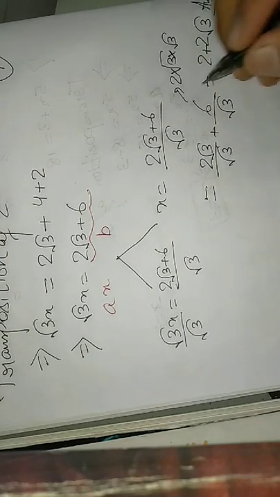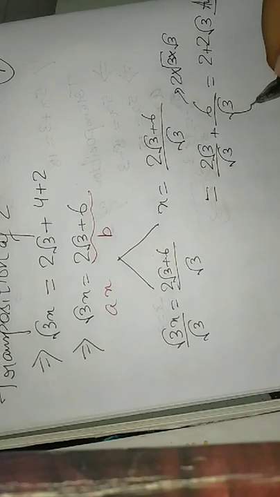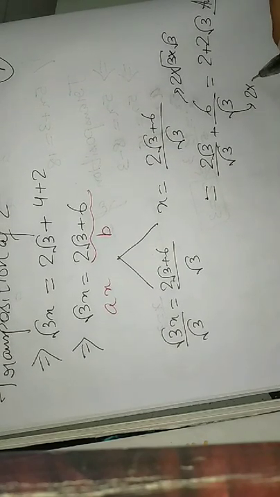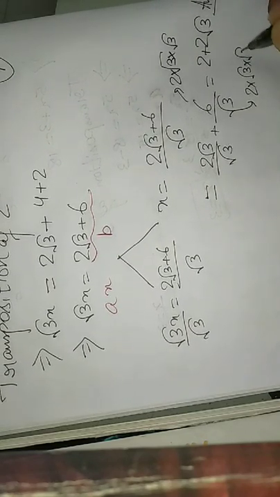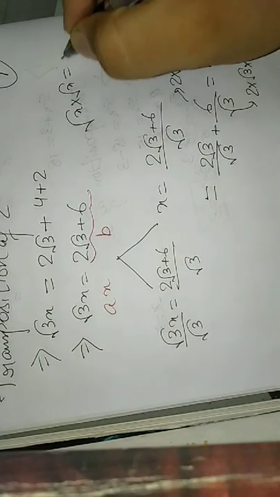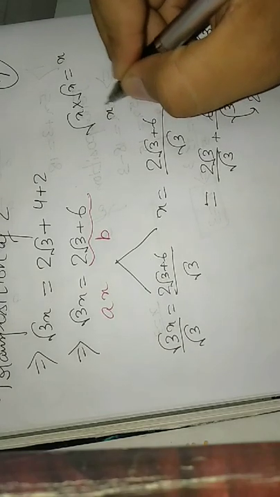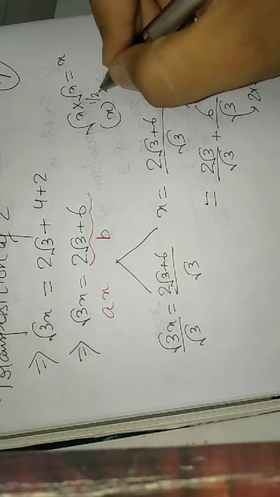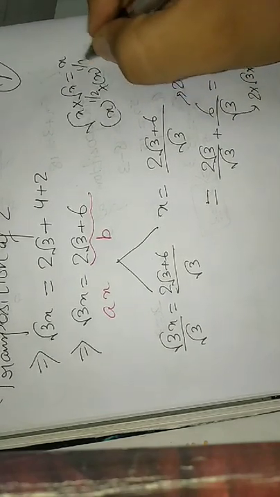Understood this thing? This thing is actually your 2 into root 3 into root 3. You know root x into root x is equal to x. Why? Because this is x power 1 by 2 multiplied by x power 1 by 2.